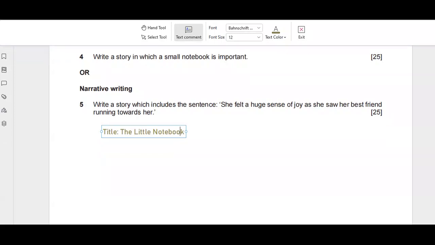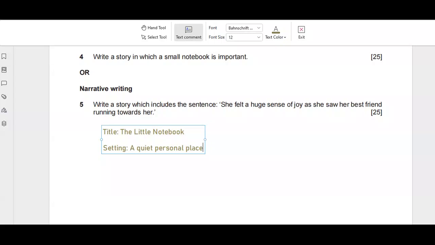Then after the title, the next thing that you need to talk about or show in your narrative is the setting. For the setting, you can use the idea of a quiet personal place, for example, a dusty attic, an old library, a bench in a park, or a rainy room.